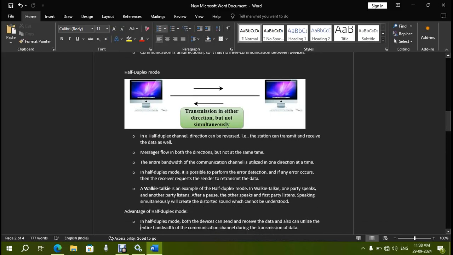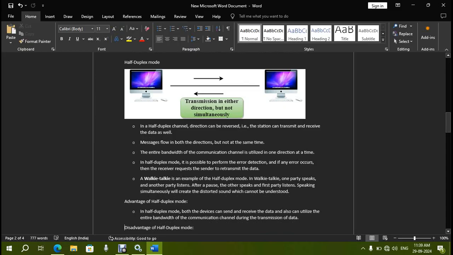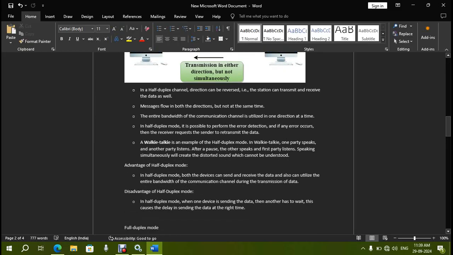Advantage: in half duplex mode, both devices can send and receive data and can utilize the entire bandwidth of the communication channel during transmission. Disadvantage: when one device is sending data, the other has to wait. This causes delay in sending data at the right time.